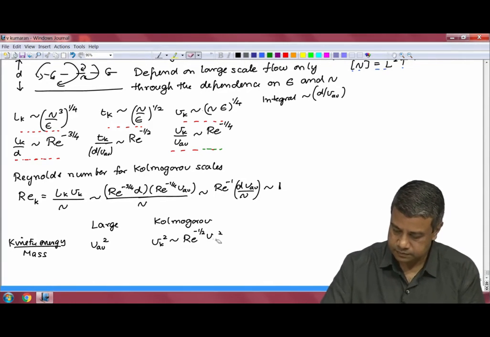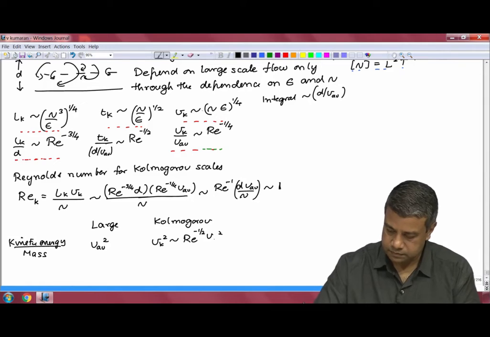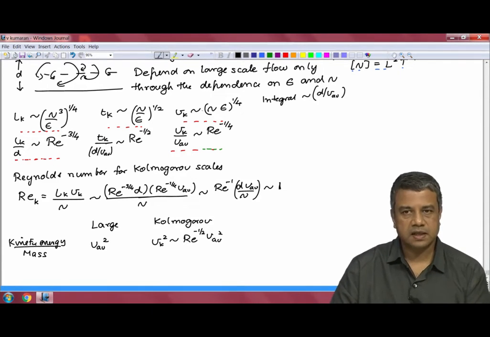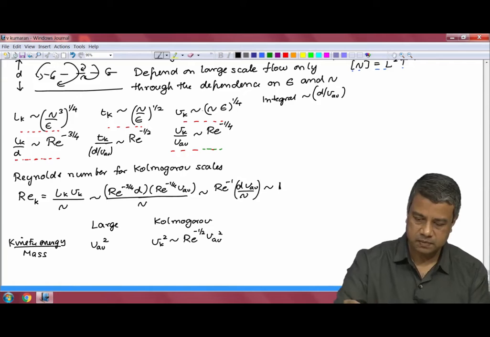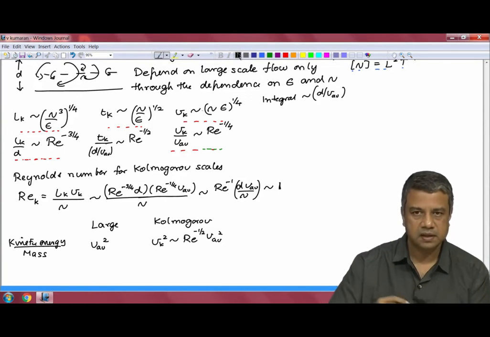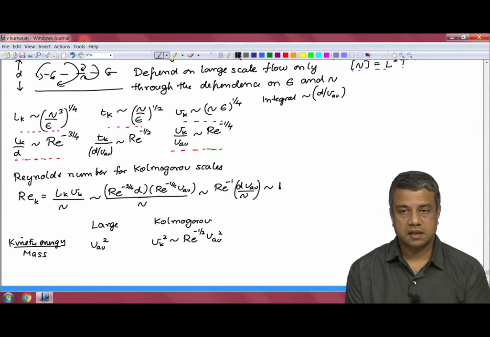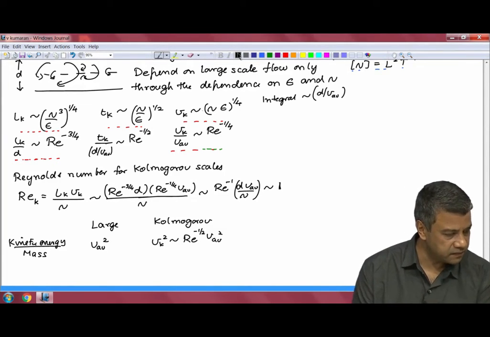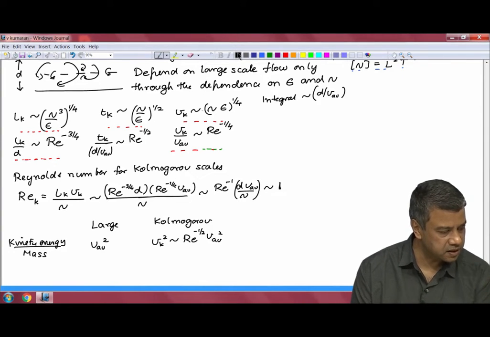Therefore, the kinetic energy in the large scale flow per unit mass is V average square, whereas the kinetic energy in the Kolmogorov scale flow goes as Re to the power minus half times V average square. That means that the kinetic energy in the Kolmogorov scale flow is much smaller than the kinetic energy in the large scale flow.